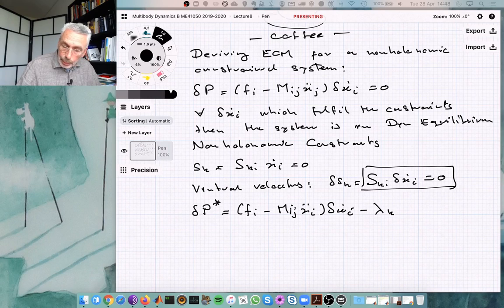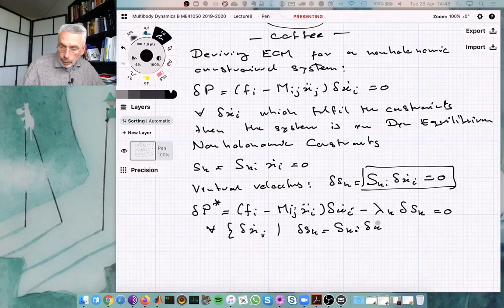But as you like it, like Shakespeare. So that should be 0, and now this holds for all virtual velocities, for which we can write that delta s_k is S_ki delta x dot_i. And of course the delta s_k should not all be 0, right?